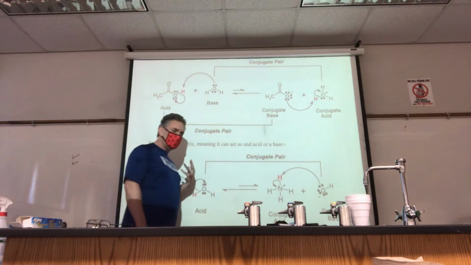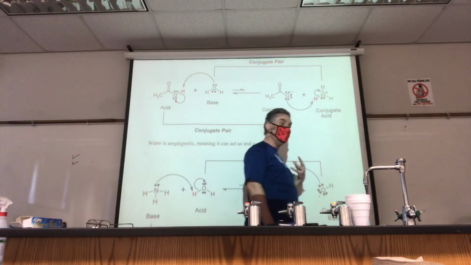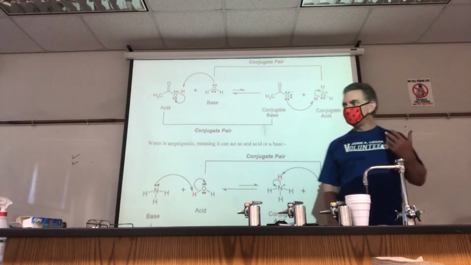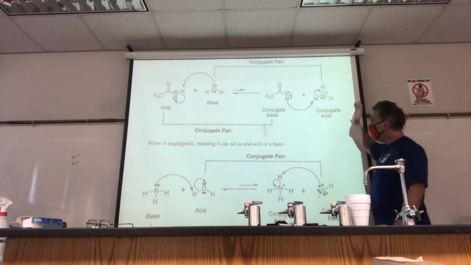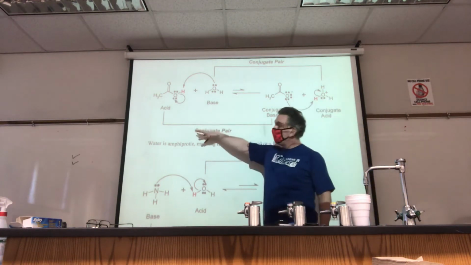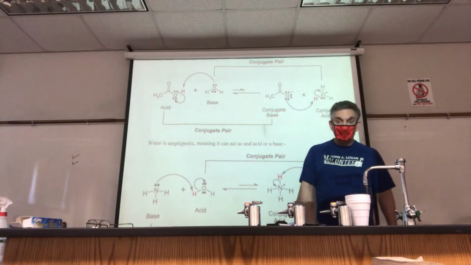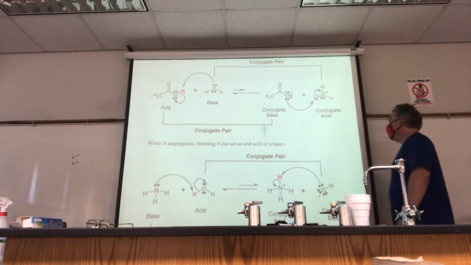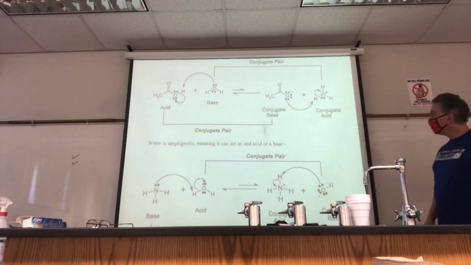Keep in mind that most acid-base reactions are fully reversible. And so as we read the equation from right to left, we also have an acid-base reaction. Everything gets flipped in reverse.